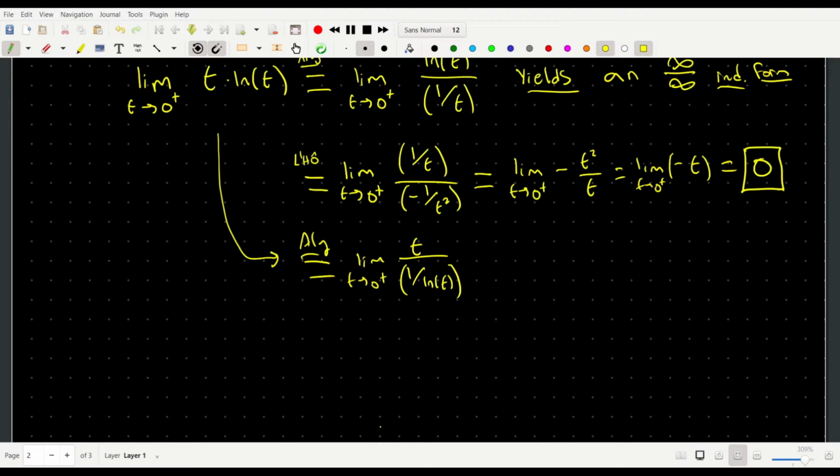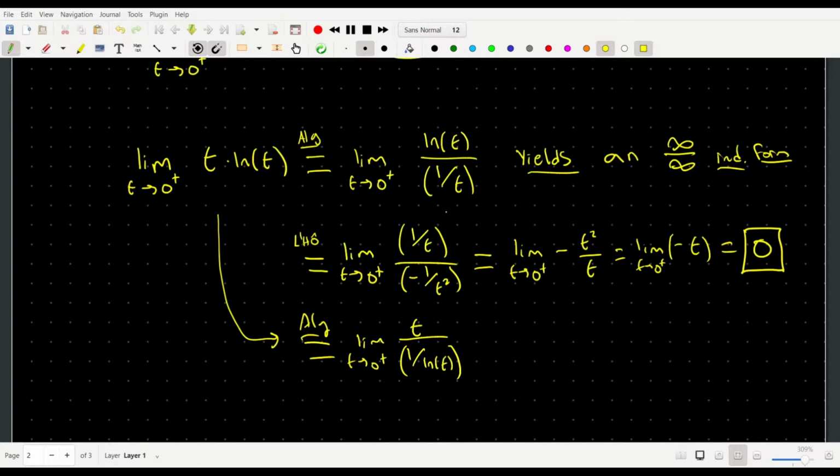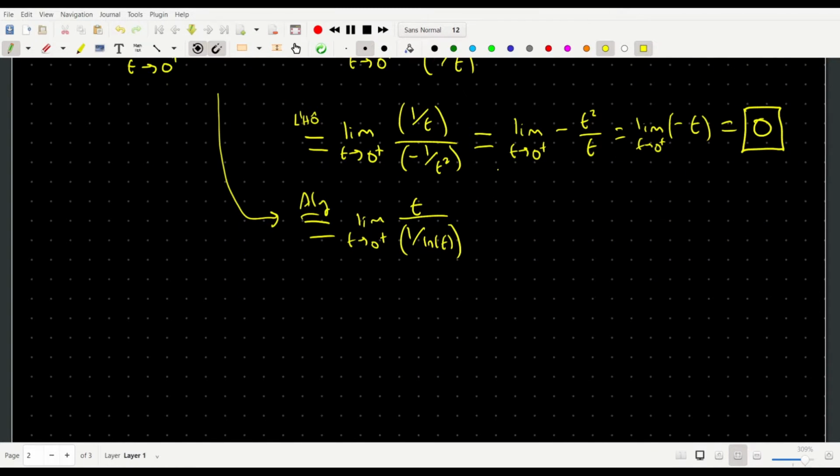The numerator derivative is not too bad, but the denominator derivative is a little bit more complicated in this case. So I think the way that I started with the problem in this way of rewriting is a lot better. But this is perfectly okay to apply L'Hopital's rule to, because this yields a 0 over 0 indeterminate form. But it'd be good practice for you to go through and try this just to verify that you also get 0 if you choose to rewrite it in this manner as well.